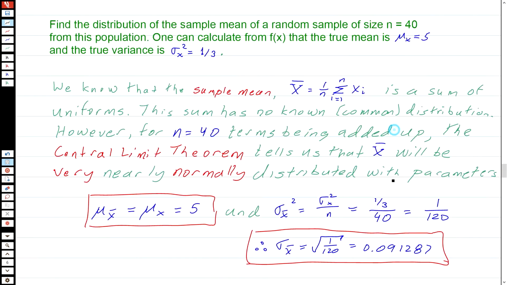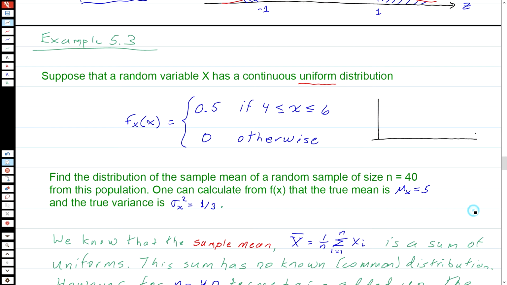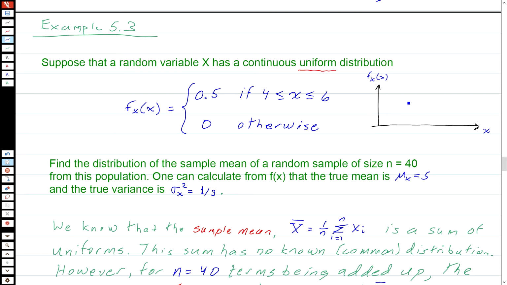Here are my axes. This is f of x, and this is x. And basically this thing looks like this.